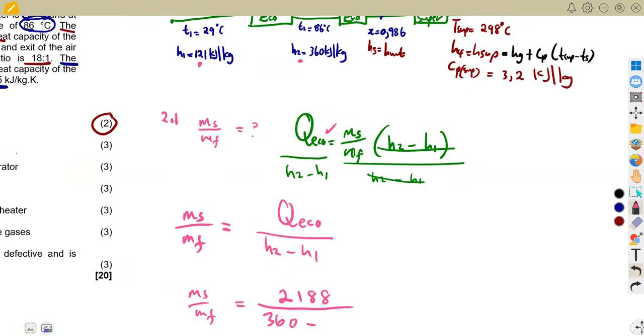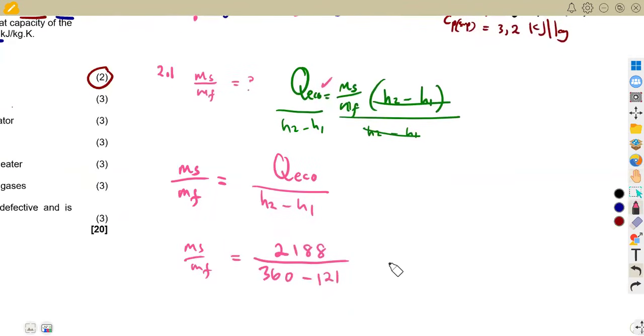So it's 360 minus 121. This will give us the mass of steam to the mass of fuel, which is per kilogram fuel. To 3 decimal places, like I said, you can fix your calculator directly to 3 decimal places so that you do not have any stress of rounding off. So that will be per kilogram fuel in this case.